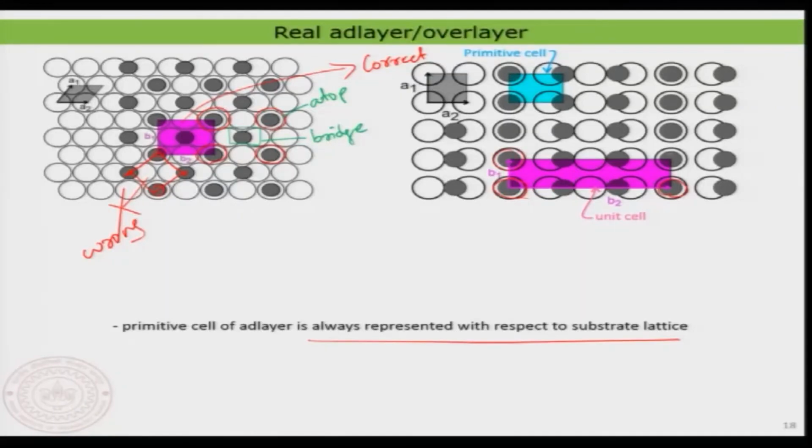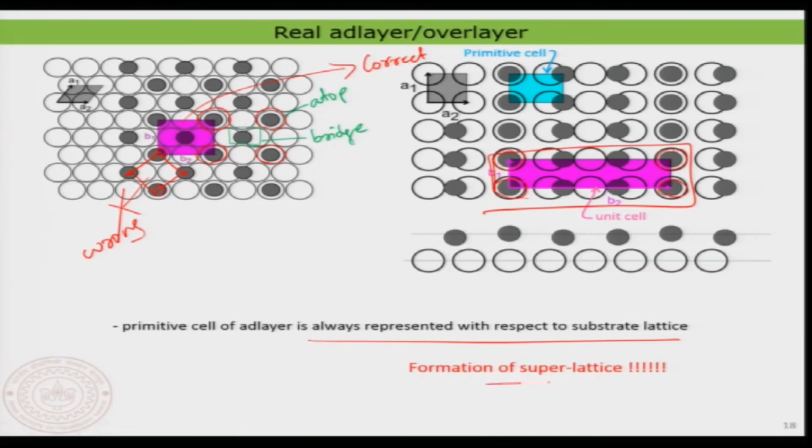We will look into that later in special cases, but because of these heteroatomic interfaces that you are creating, it is not necessary that they always go on the same site, right. Because of that, you are forming what is called a super lattice. That means it is not a very simple lattice, the lattice periodicity is much bigger.